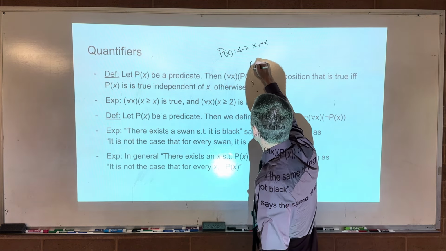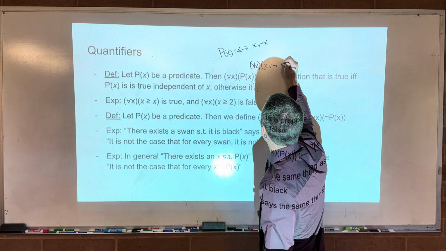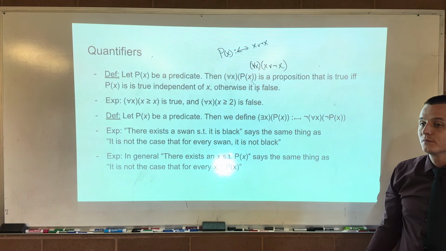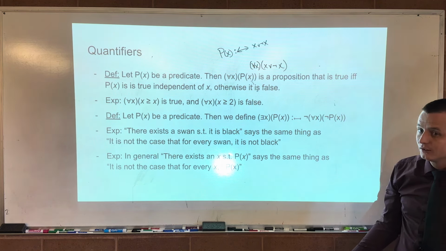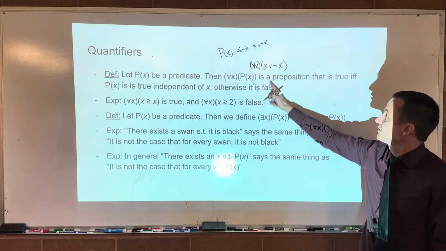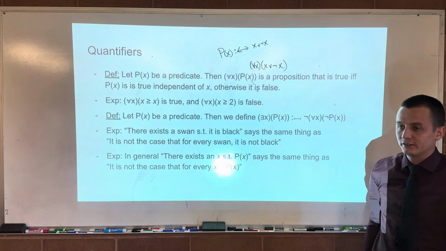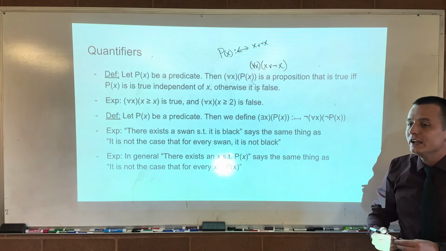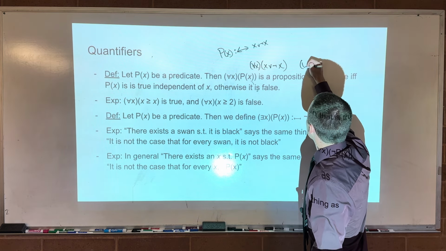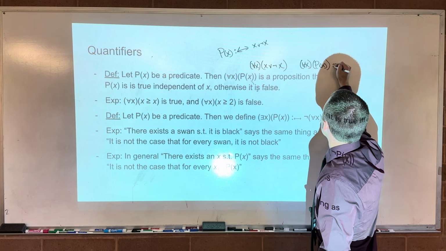Is it true that for all x, x or not x? Yes, it is. The sky is blue or the sky is not blue. The grass is green or the grass is not green. The answer is 6 or the answer is not 6. For every x, this is true. So for all x, P of x is true.